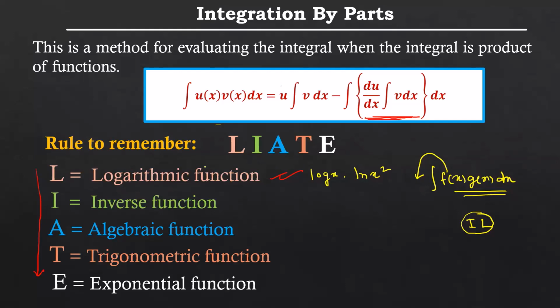You can take I outside or L outside; these two will give you the same result. But don't interchange the algebraic, trigonometric, and exponential functions. We take the LIATE form, from our class 12 level till now, and it does not create any problem for me. If it creates a problem for you and you can identify it, tell me, and I will give you a suggestion. Okay, sir.